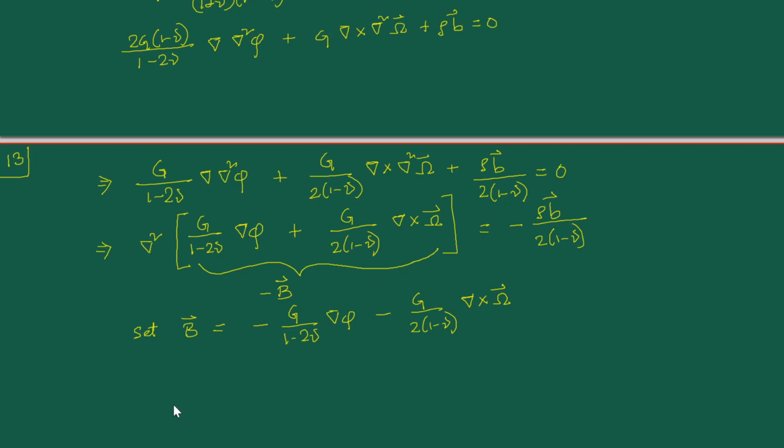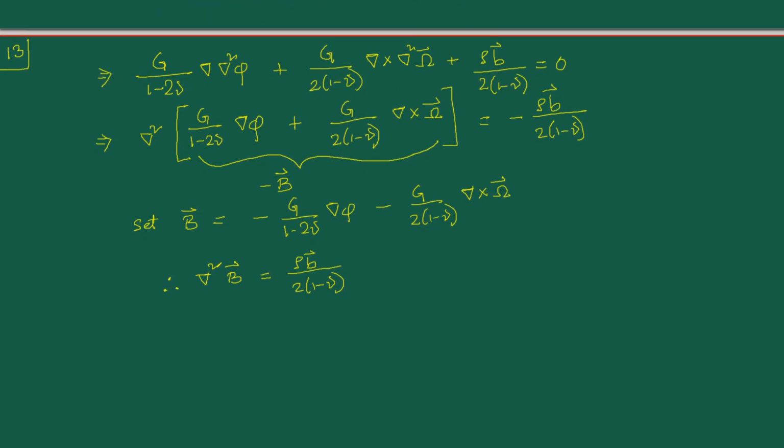That's our b. So what we are basically obtaining is that the Laplacian of this entire b vector is equal to rho b vector divided by 2 into 1 minus nu. We'll put a box around this.